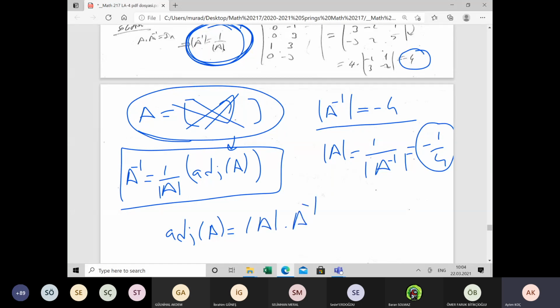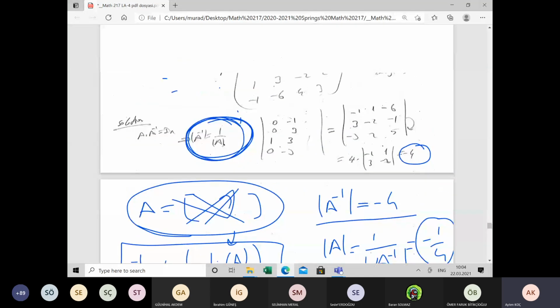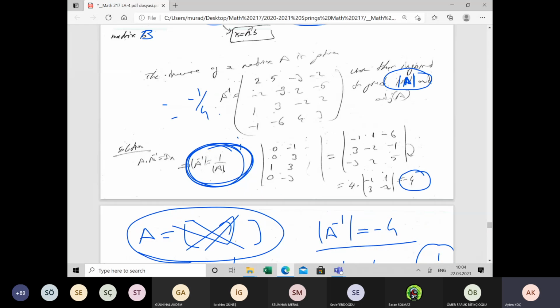We know this scalar, so multiply all entries of our matrix by this scalar, -1/4. Multiply -1/4, -1/2, minus 5/4, plus 3/4, plus 2/4, plus 1 over 2, and so on, plus 1 over 4, and we get this one.